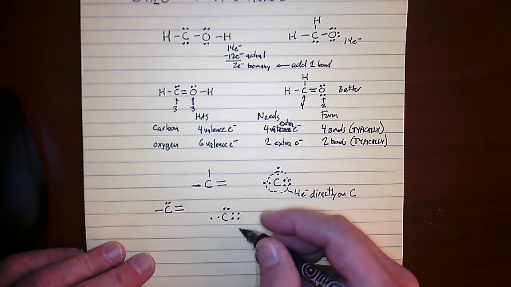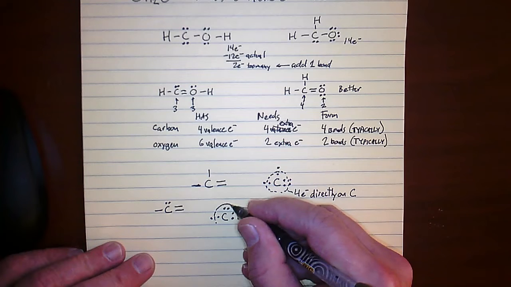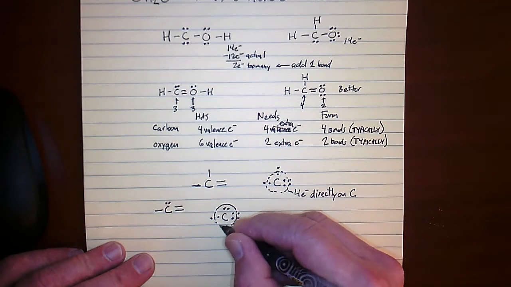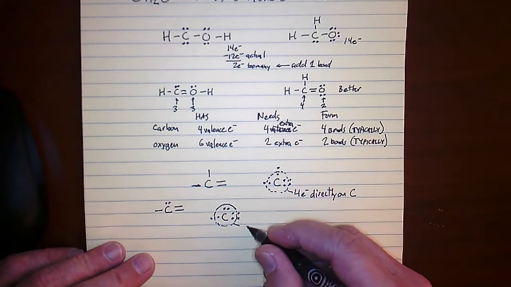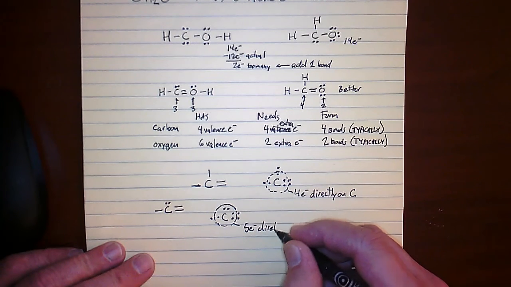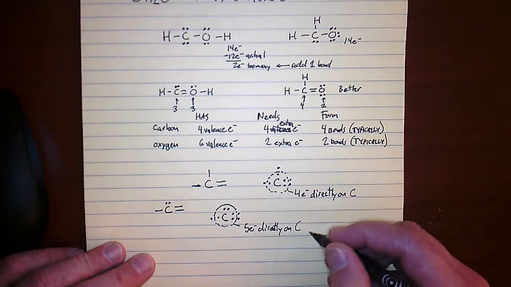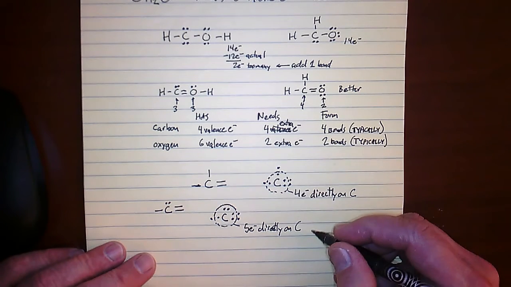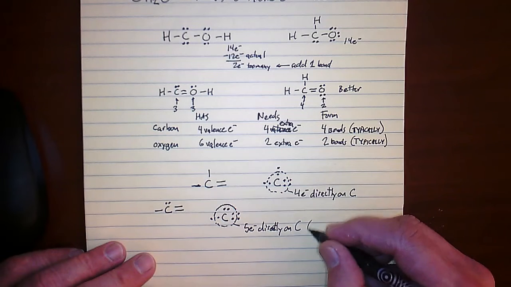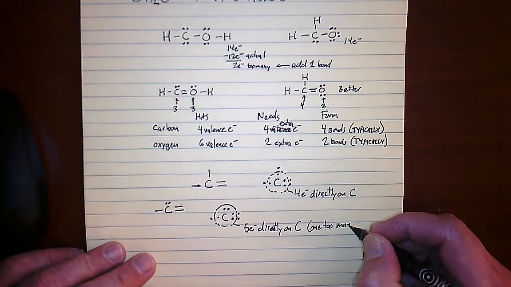And when we draw our circle around it, just in the immediate orbit of carbon, now carbon has 5 electrons directly on carbon, and that is 1 more than it normally has.